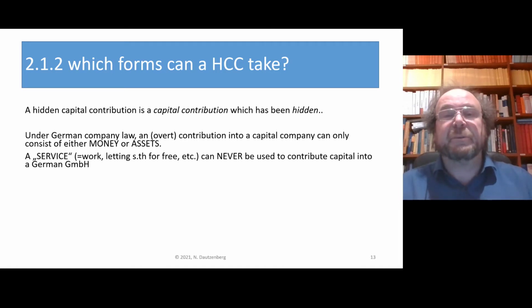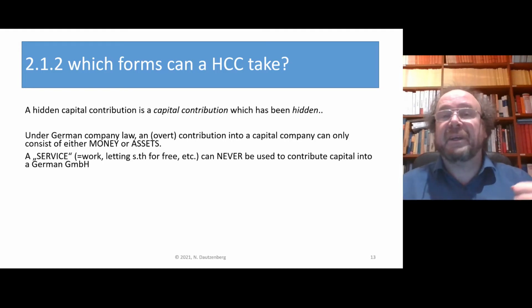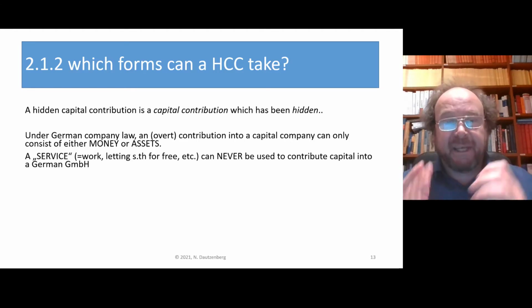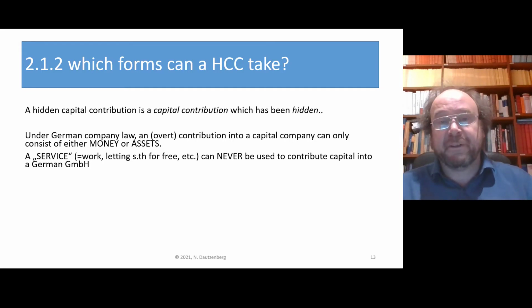It must be something which increases the equity in the balance sheet. That can be giving money, giving assets, which you can recognize in the balance sheet. It can be that you renounce a claim, because then you give your claim to the company against which you have it.